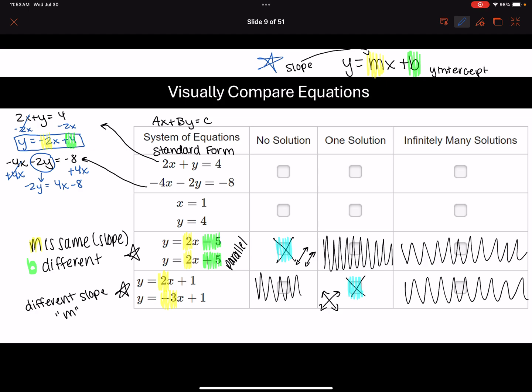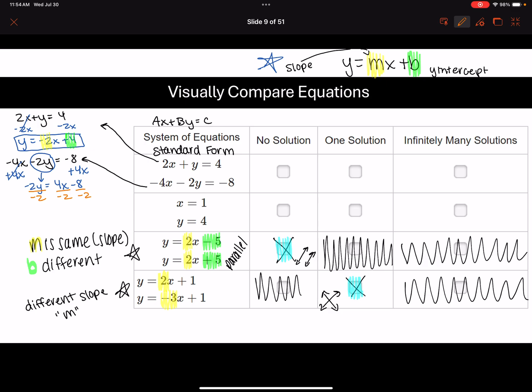Now, this is close to my slope-intercept form. It's almost what I'm looking for, but in order to be in slope-intercept form, y needs to be by itself. Right now, y is paired with that negative 2, so we have one more step. We have to divide everything by negative 2. Again, this is a skill we did last week, so if you're like, uh-oh, take a look at your notes from last week for some reminders.